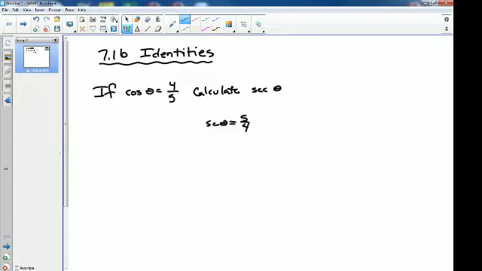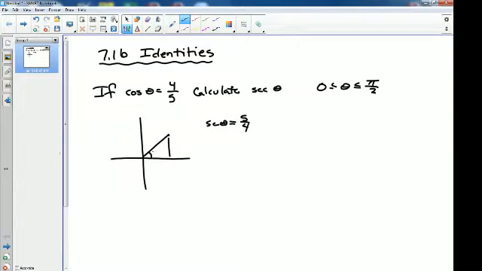So in reality, we could have written that. So basically what we're looking at, if you have the unit circle, you could draw a triangle.